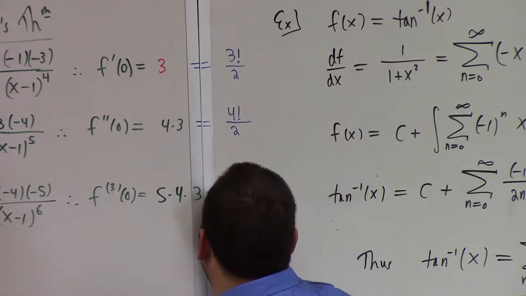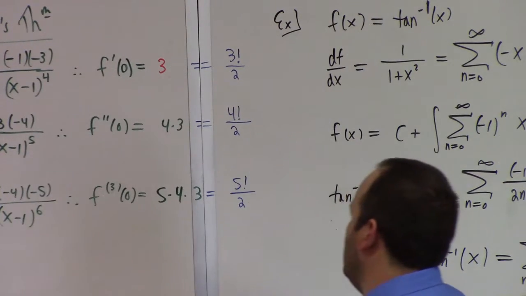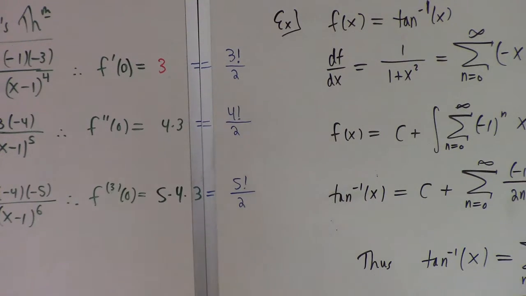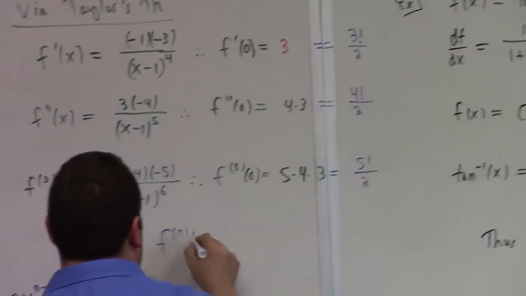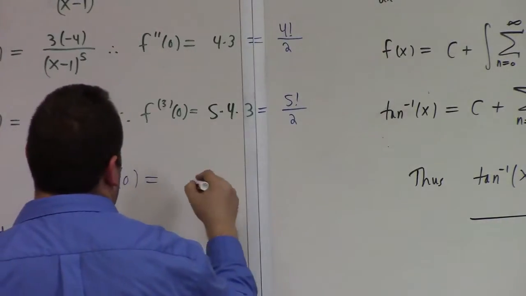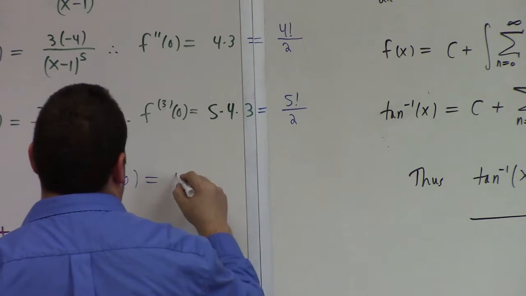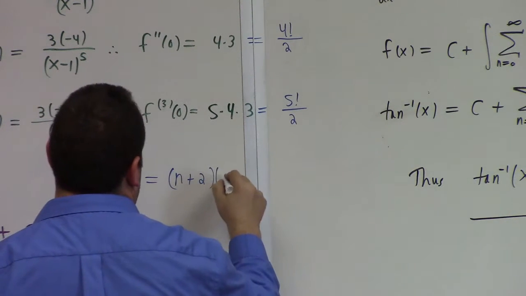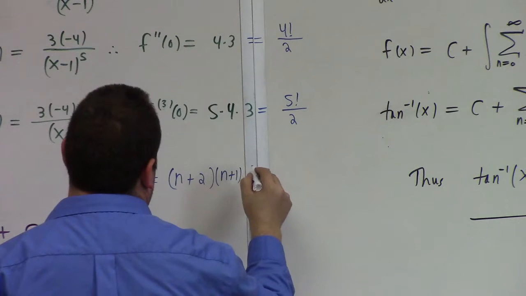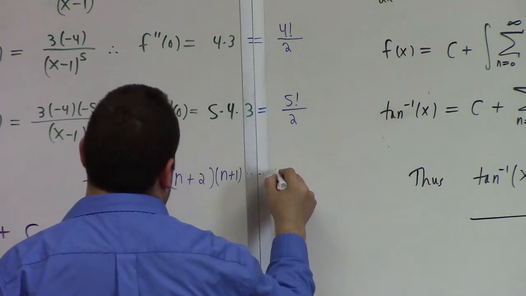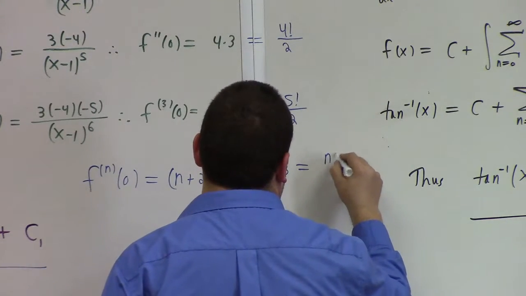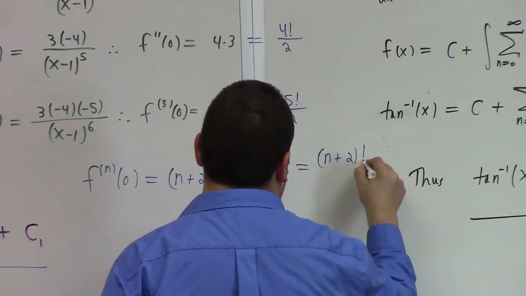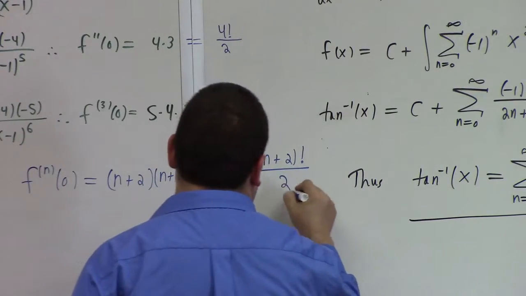Oh, that may be quirky. What is this? Oh wait, I guess it's not. 5 factorial divided by 2. Yeah. So I think you can see the pattern. I'm going to jump to the pattern. The nth derivative at 0 is going to be equal to n plus 2 times n plus 1 times 3, right? Which we can rewrite as n plus 2 factorial, right, divided by 2.